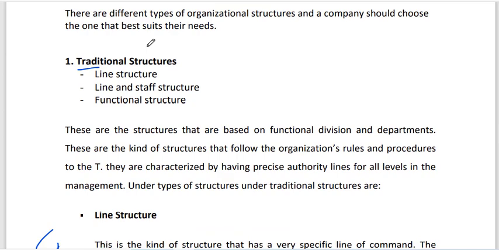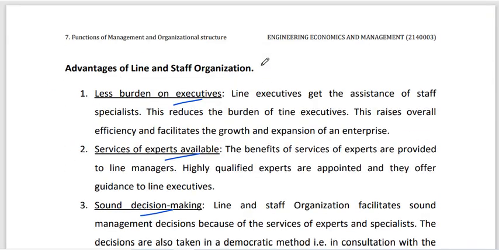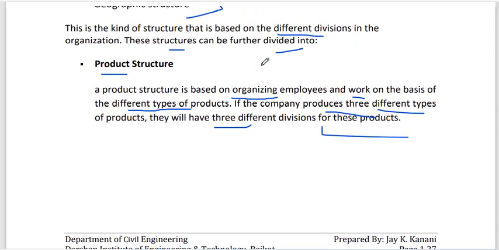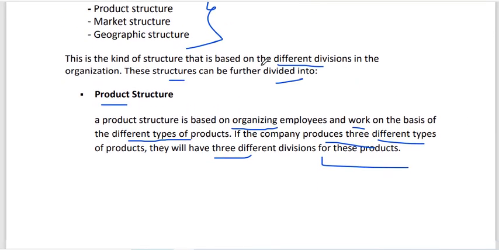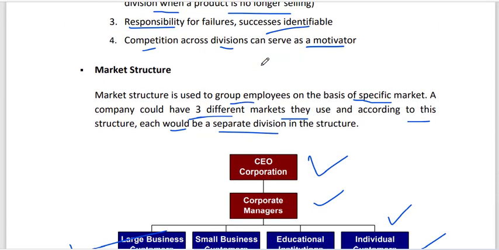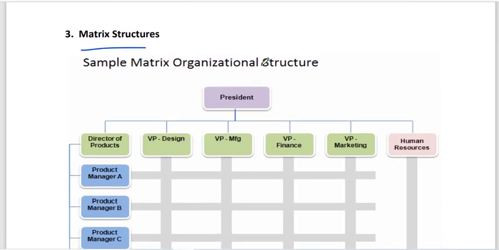Traditional, divisional and matrix structure. Traditional also has three different types: line, staff and functional. Divisional has three different types also: one is product, market and geographical structure. And our next is the matrix structure.